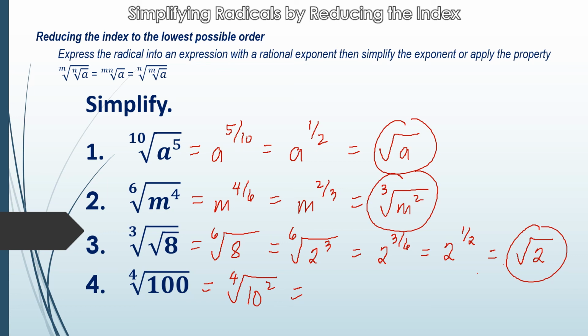And that is 10 raised to 2 over 4. Next is reduce the fraction 2/4 in lowest term. And that is 1/2. And then after that, we write the given expression in radical form. So we now have the square root of 10.